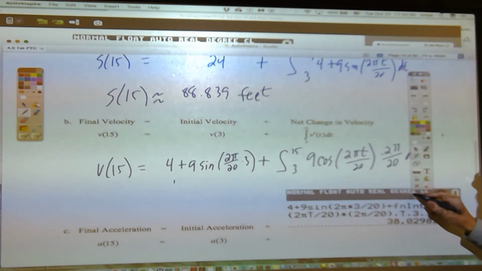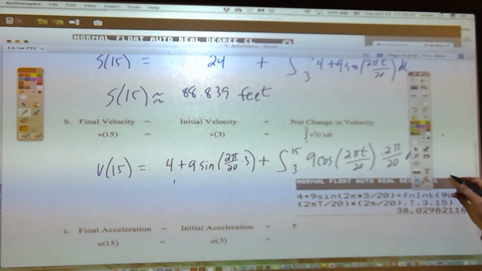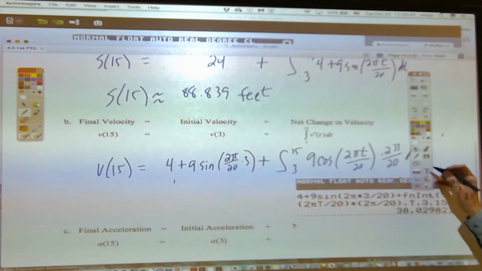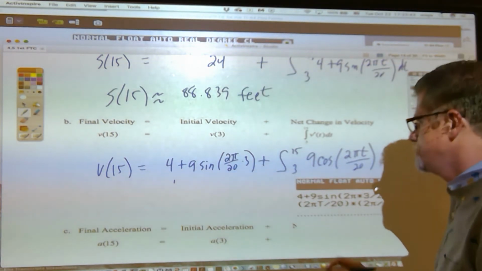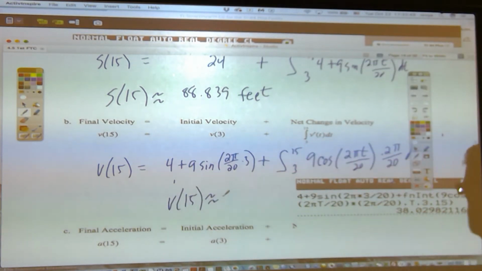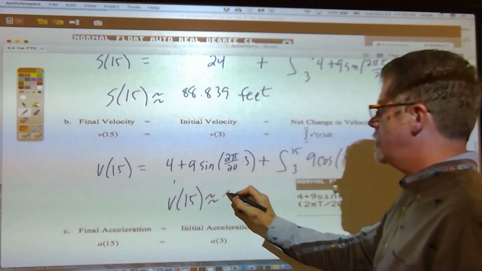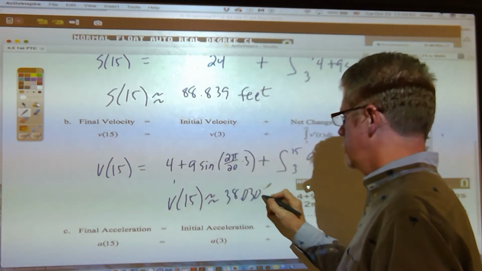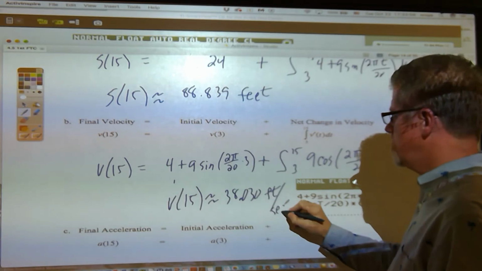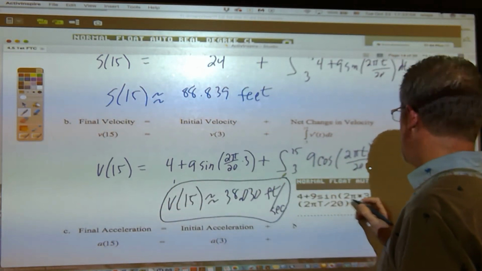So it looks like the answer to part B is V of 15 is approximately 38.030. And that would be feet per second. Units are required.